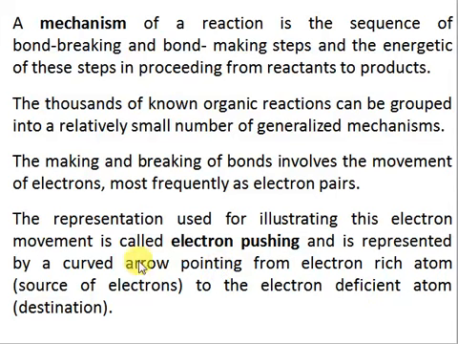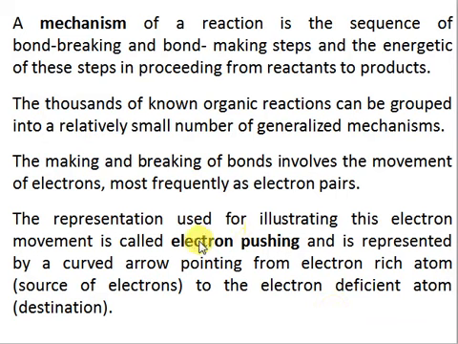So the origin of this arrow is showing the source of electrons, right? The source of electrons is a place or the atom at which electronic density is higher, and the destination of this arrow, meaning the head of this arrow, will point towards an atom which is electronically deficient, right?